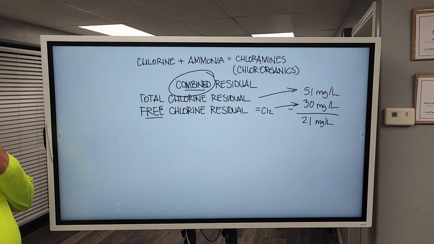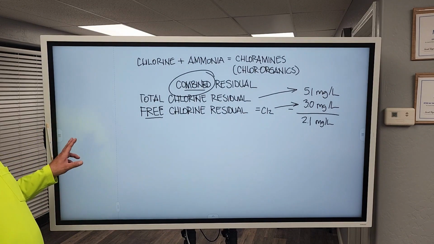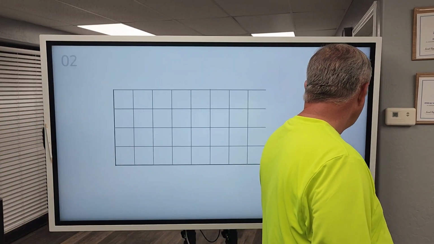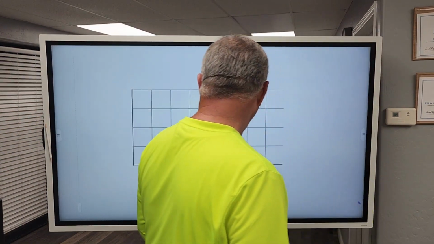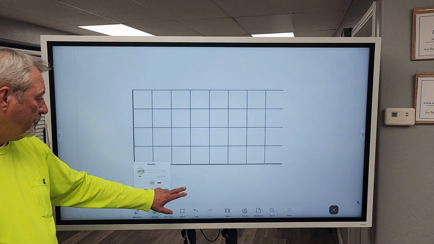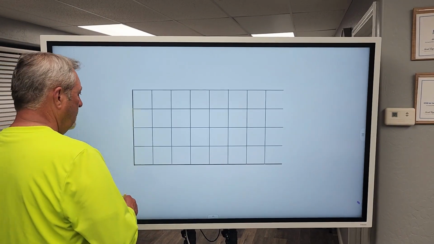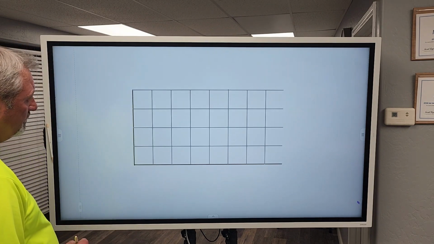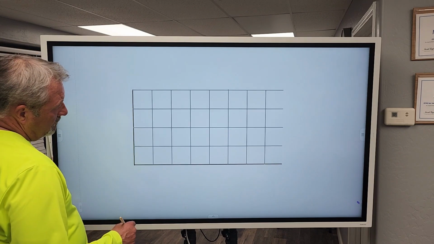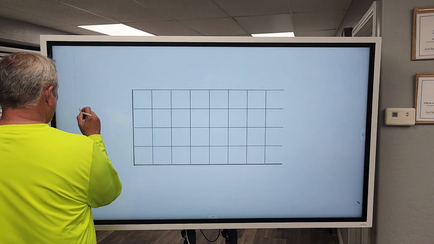Okay? So now that we've talked about residual and how that initially takes place, let's talk about breakpoint chlorination. Over here on this side, we have residual.